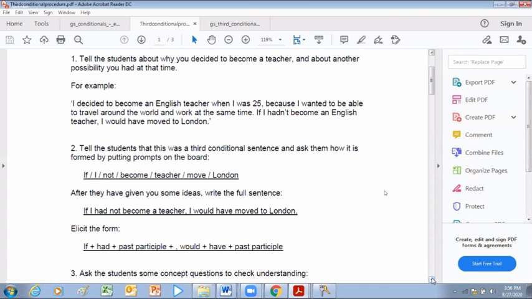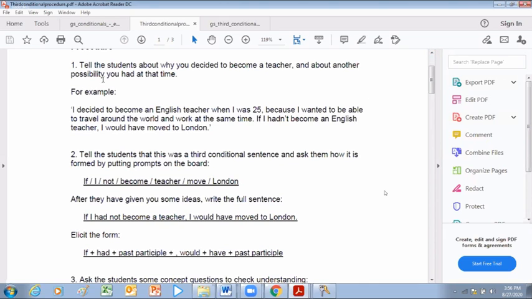Okay, so you can see the screen. Now look at this example.